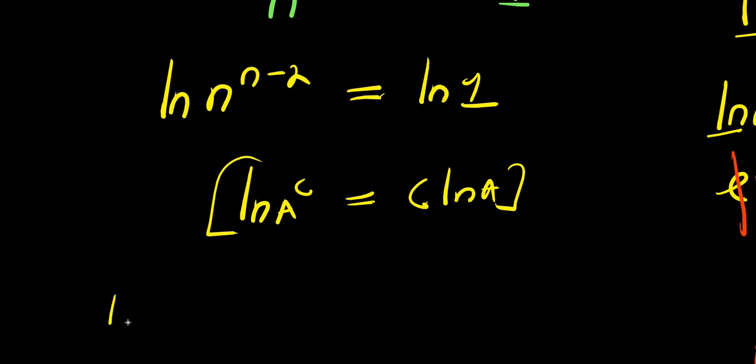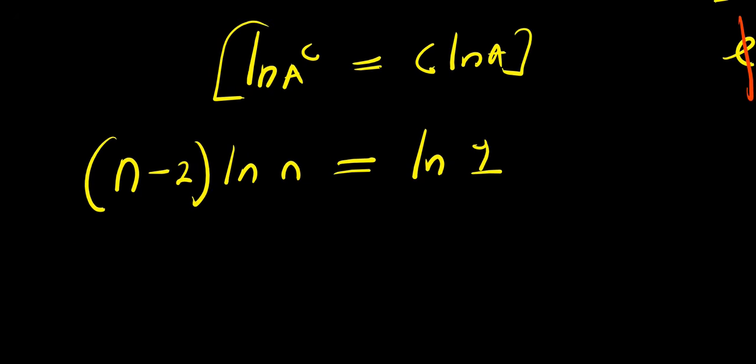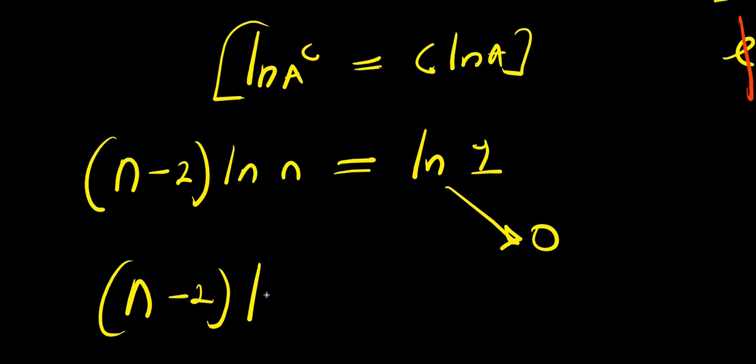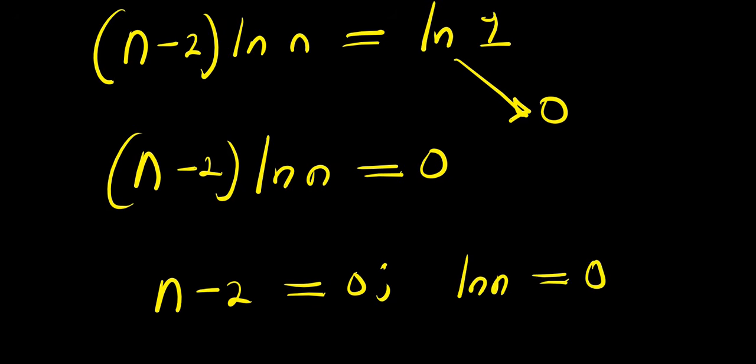This means we are going to have n minus 2 times natural log of n, and this equals natural log of 1. What you should know is that natural log of 1 here is 0. So you have n minus 2 times natural log of n equals 0, meaning that n minus 2 equals 0, and also natural log of n equals 0.